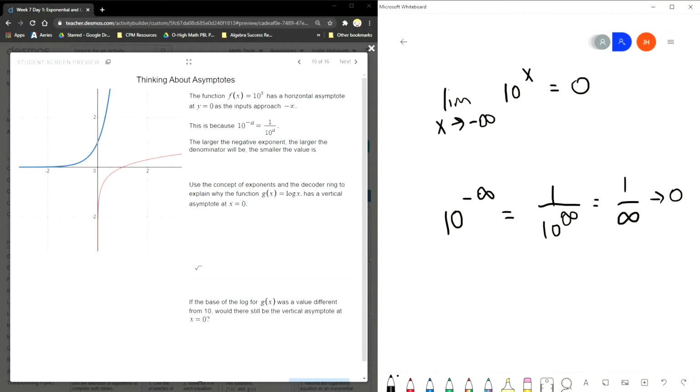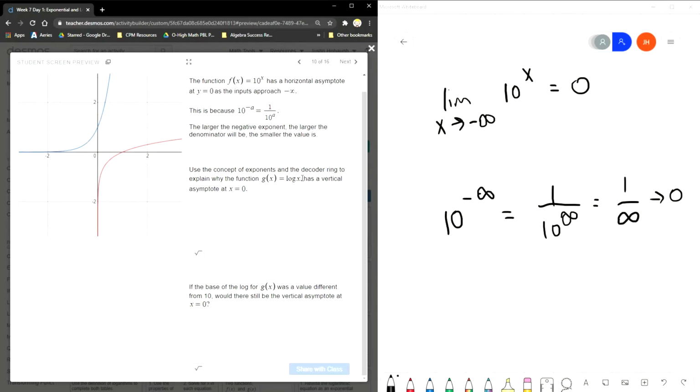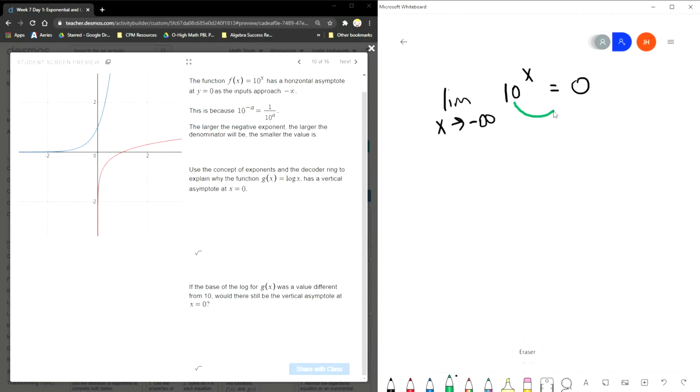Now it asks us to use the concept of exponents in the decoder ring to explain why log x has a vertical asymptote here. So what we're going to do is take this idea and use the decoder ring on it. Remember, the decoder ring says that if I have a base of 10, I could use it as the base of my log and put in this value, and that should equal the exponent.